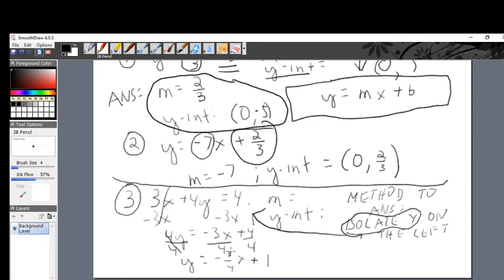So m is negative 3/4, and the y-intercept is 0, 1. Here is the full answer.